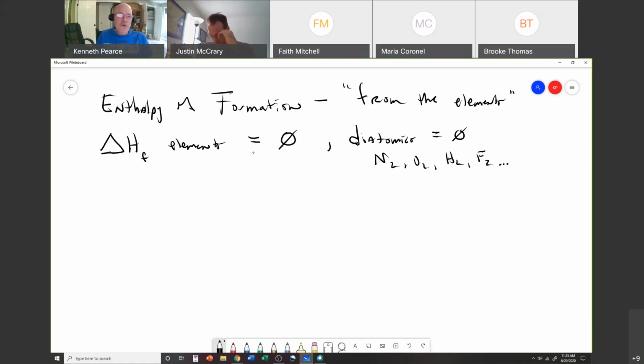If you do that, you end up with this huge table on page, I think it's page 1200 in the back of your textbook. Let me see if I can find it real quick. It's either 1100 or 1200. Actually, it's 1100.